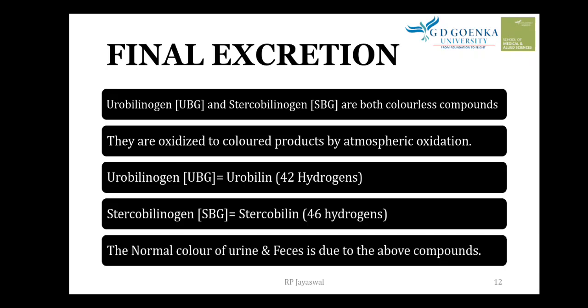Urobilin and stercobilin are colored compounds. The normal color of urine and feces is due to these compounds, urobilin and stercobilin. So we have studied today the bile pigment metabolism, or bilirubin metabolism.